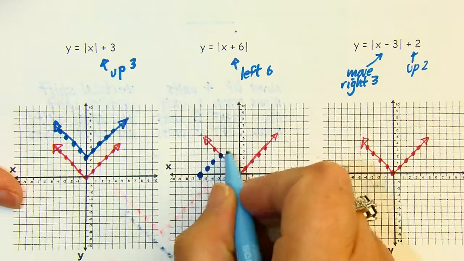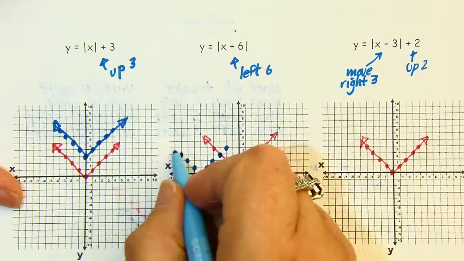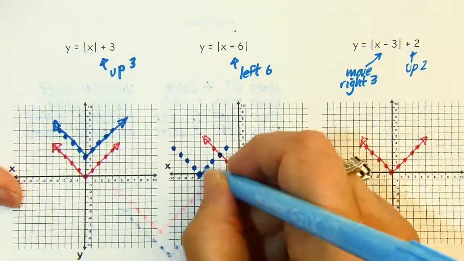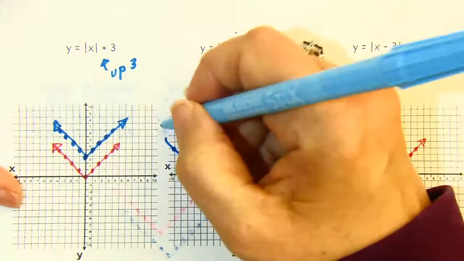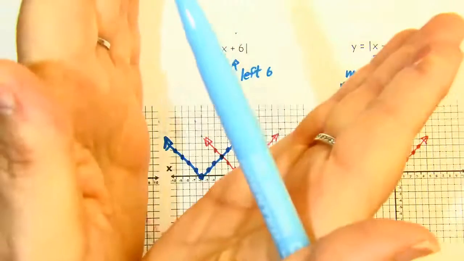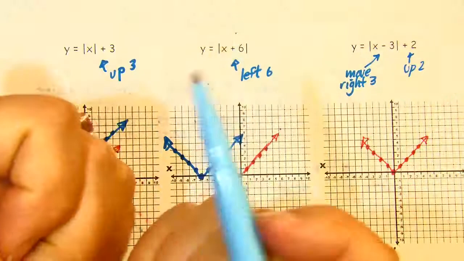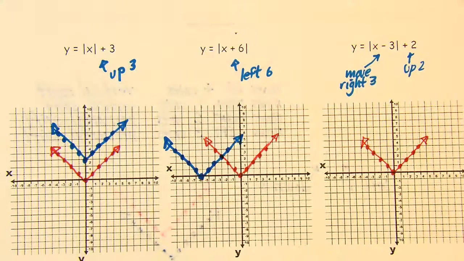There are no other transformations on this function. I'm not moving up or down, and I'm not stretching or shrinking, which again, we will talk about. A stretch is when the arms of the V get closer together, and a shrink is when they go farther apart. That's all that's going to be.